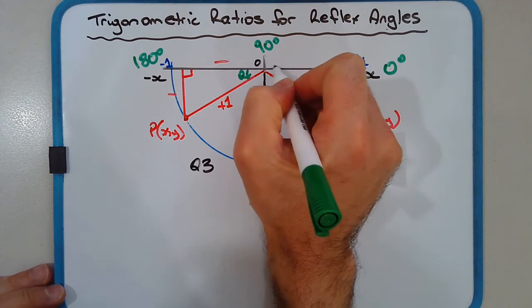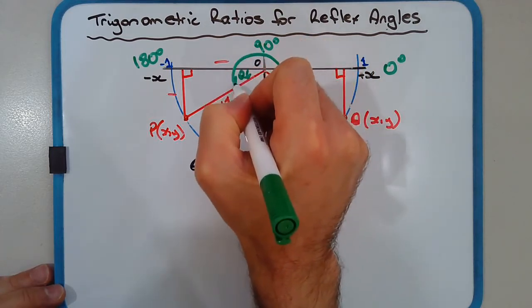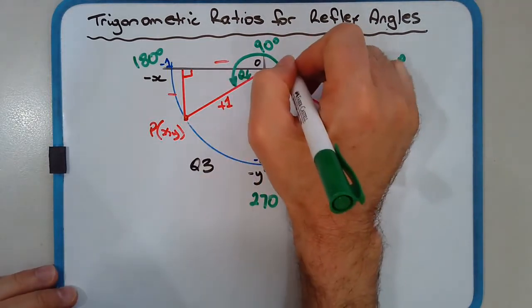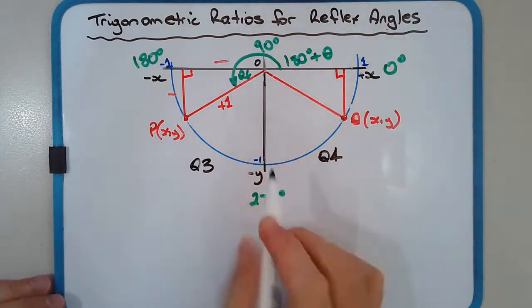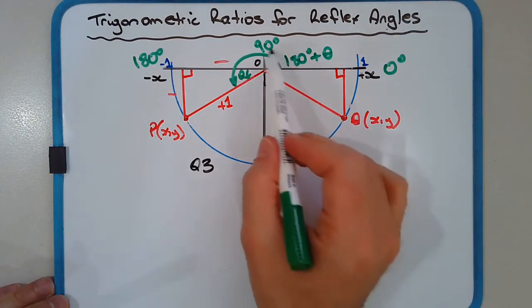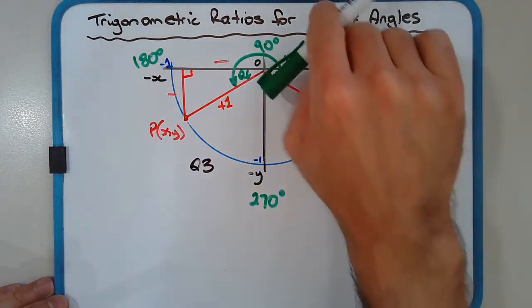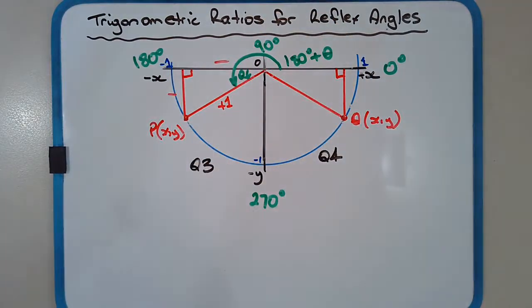So we actually should measure it from here, like that. So this is in fact the angle 180 degrees plus theta. Plus this little theta, this gives us the angle measured from the positive x-axis, anti-clockwise until it lands here at point P.